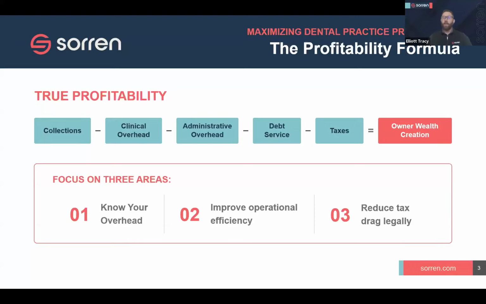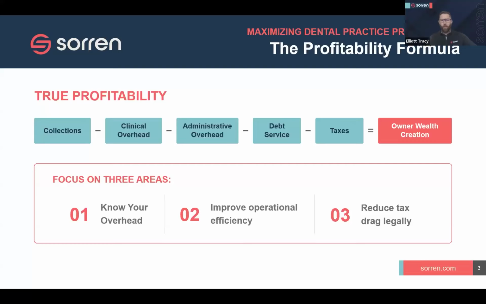That final figure after everything is subtracted is what true wealth you've created from your practice. What true cash flow is there? That can be very different, and the profit and loss statement is not always indicative of that for a number of different reasons. So we'll talk about that.